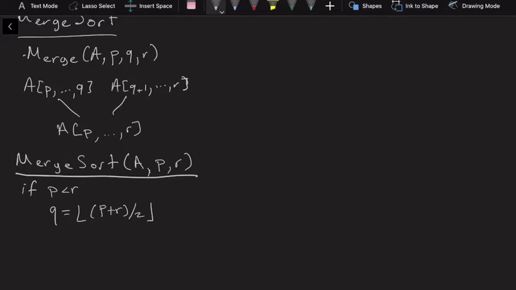And that would divide the array A into two different arrays. Then we just called merge sort on each one of the parts of that array.